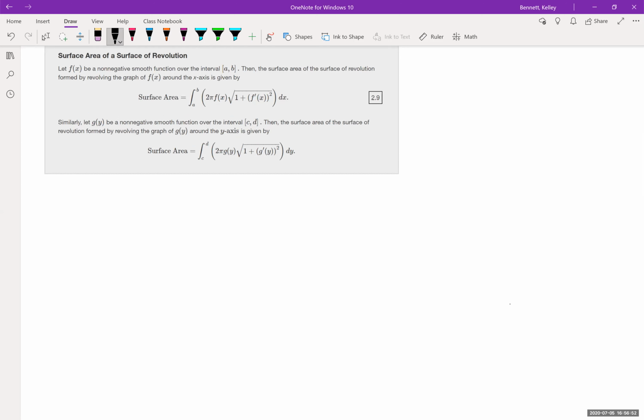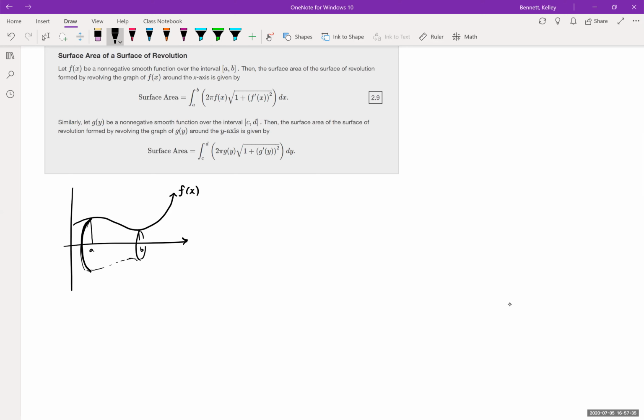Just as an example, if I have some function, this can be f of x, on an interval from a to b, and I want to rotate this around the x-axis, then what I'm looking at, maybe think of it like a vase or a pitcher, where we're not really considering the width of the medium.